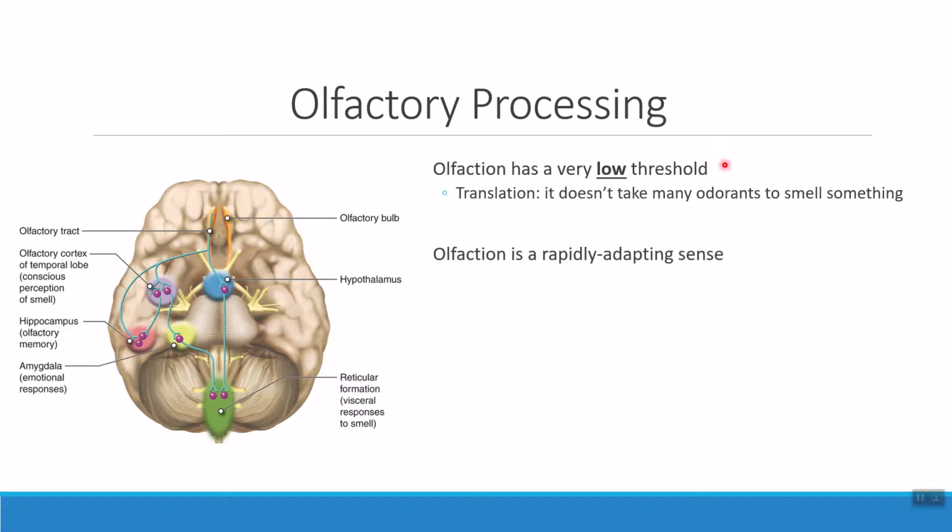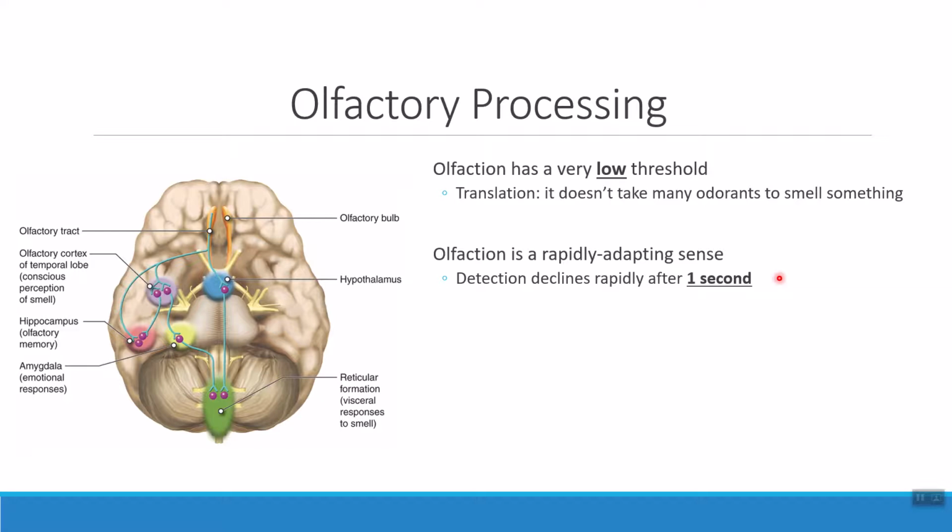The second thing for you to know about smell is that this is a rapidly adapting sense. Remember when we talked about adaptation, it means that you initially detect something, but you may not keep detecting it going forward. You can see just how fast olfaction adapts when we start to look at the timing.